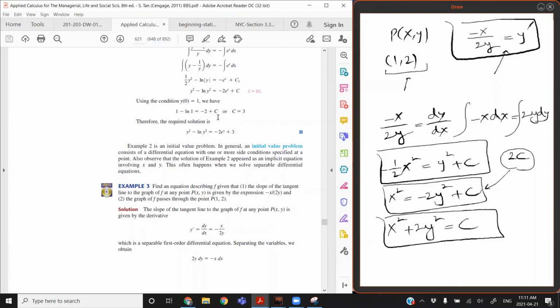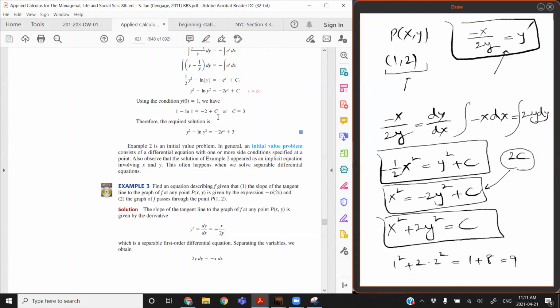We're looking for the particular solution, so let's just plug in 1 for x and 2 for y to get c. So 1 squared plus 2 times 2 squared, that's going to be c. That's 1 plus 8, that's 9.